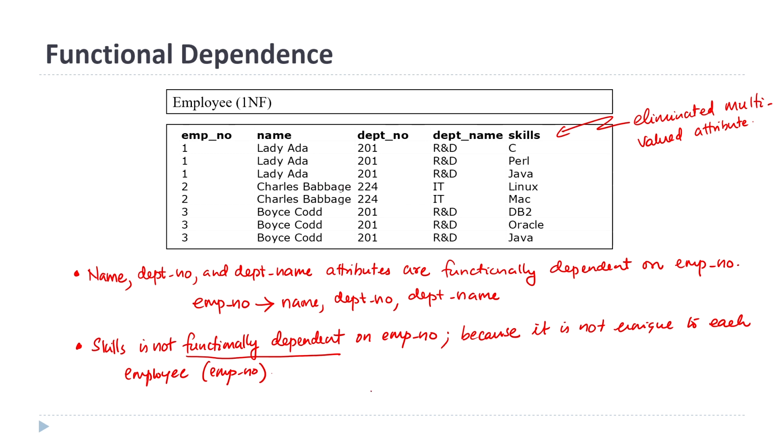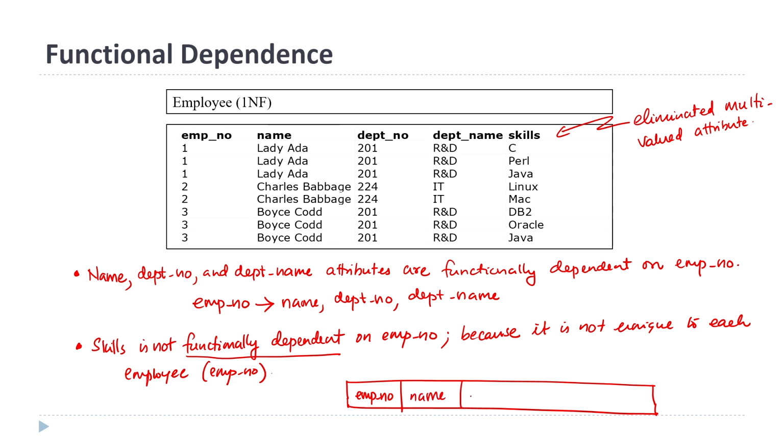So, the skills aspect of it is not really something that can be determined by employee number. One other way to denote this, which certain people typically do, is to create a schema diagram. They say employee number, then there is a name, then department number, and department name.